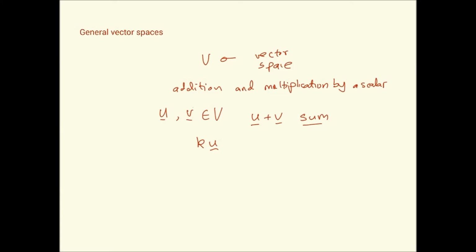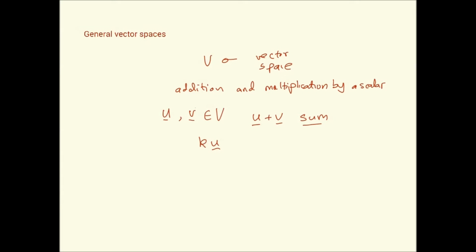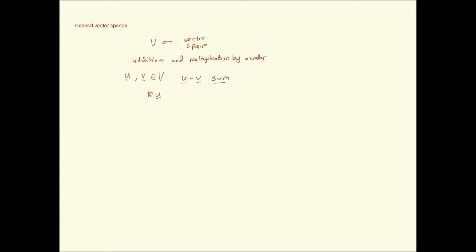Otherwise, it is not a vector space. So let's start looking at these axioms. These axioms are a very key and important idea for the definition of a vector space. The first one and the most important of the axioms is closure under addition.